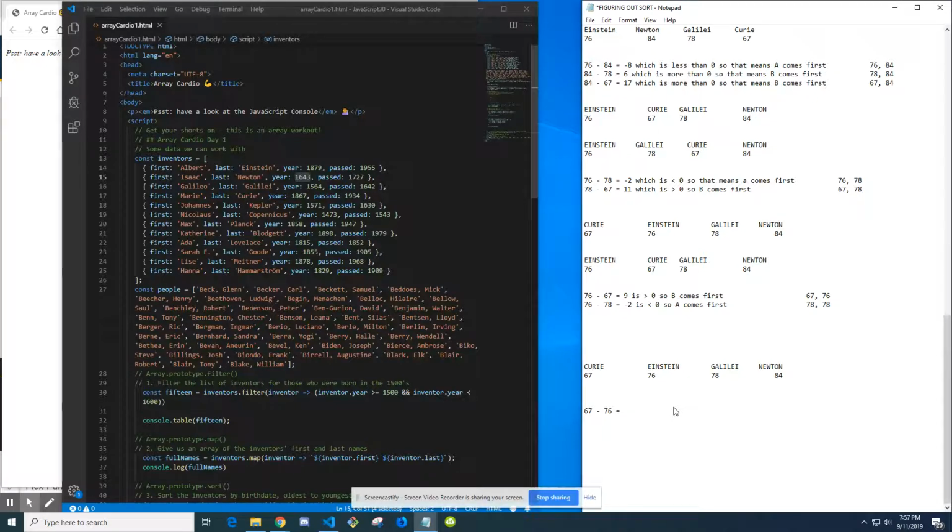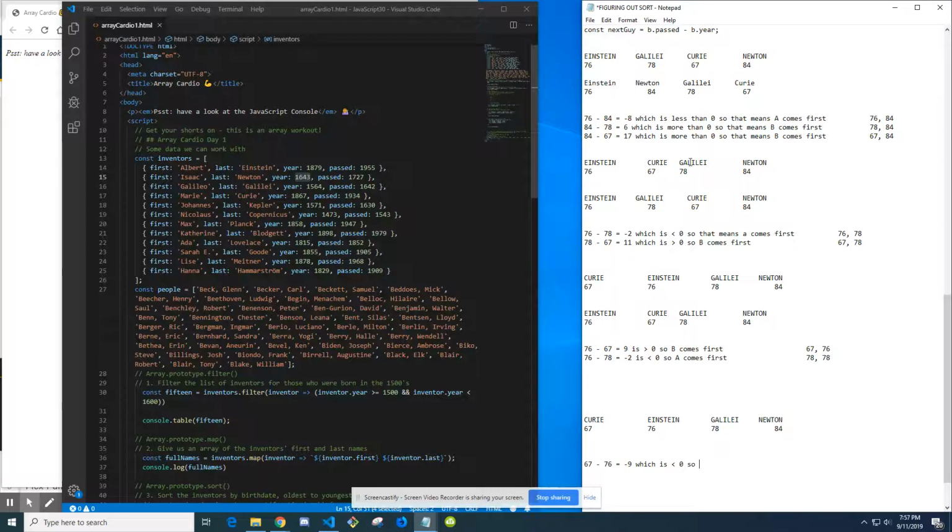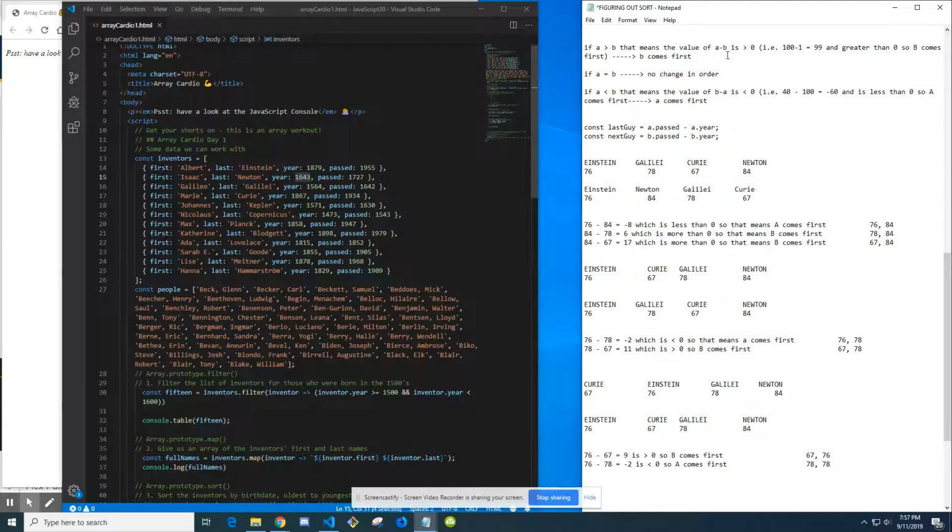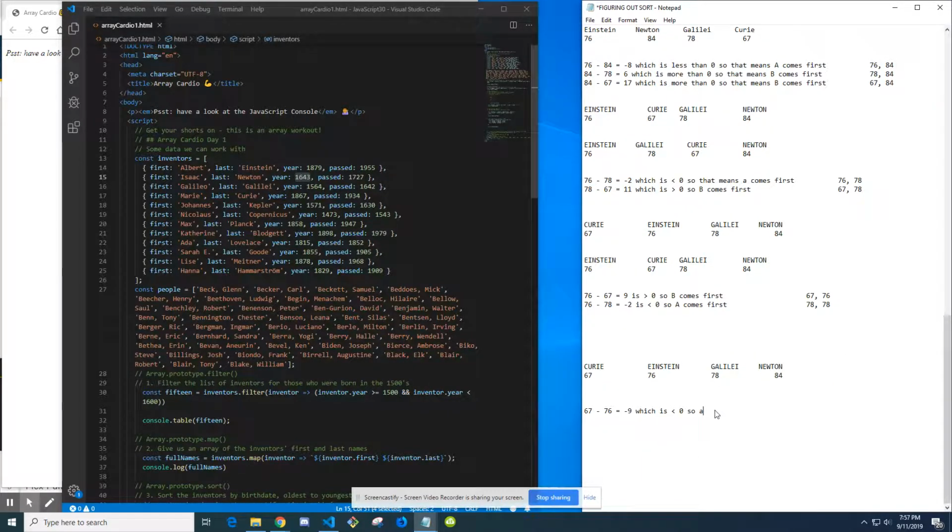Equals what? -9? Yeah, which is less than 0. So we'll have to keep looking at this until I know it. I trust myself. Less than 0, so A comes first. So that means 67, 76.